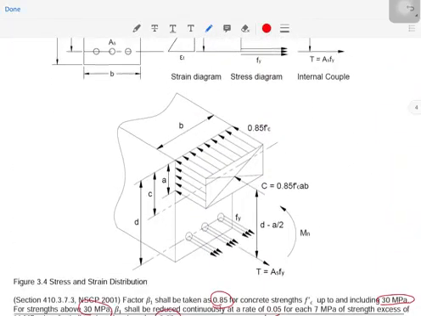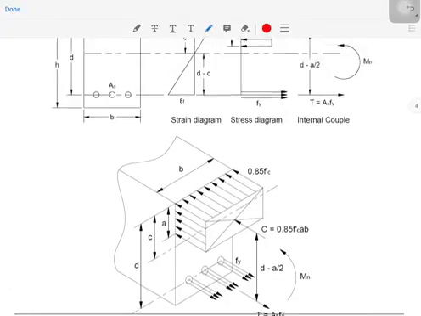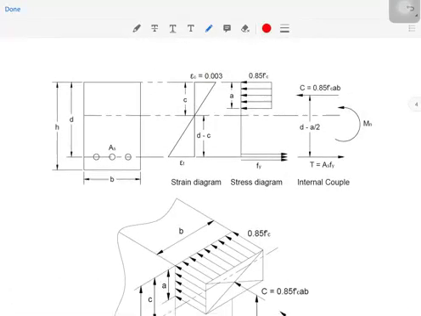Okay, so let us discuss figure 3.4, which is the stress and strain distribution of the beam. Earlier we had this beam section already. Now we have this beam section. Then this is the stress diagram as formulated by Whitney. So this is 0.85 f'c with a compression block.